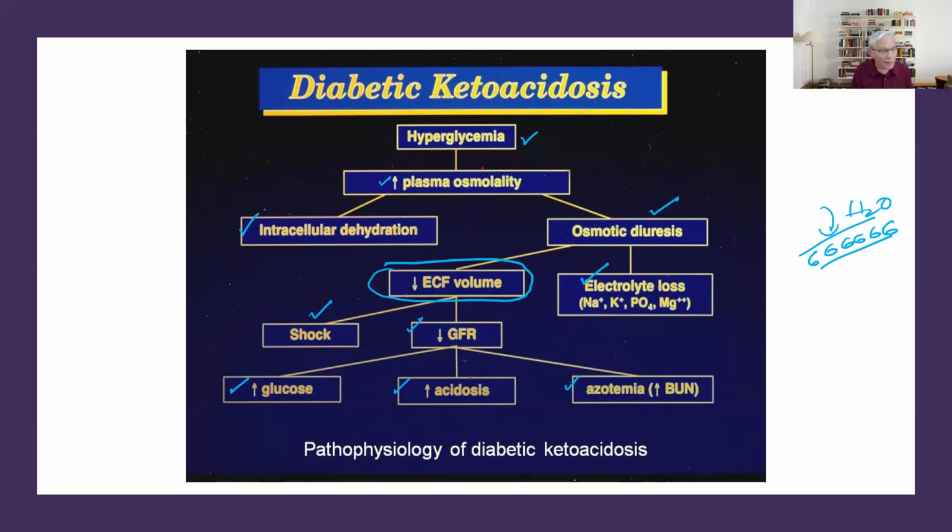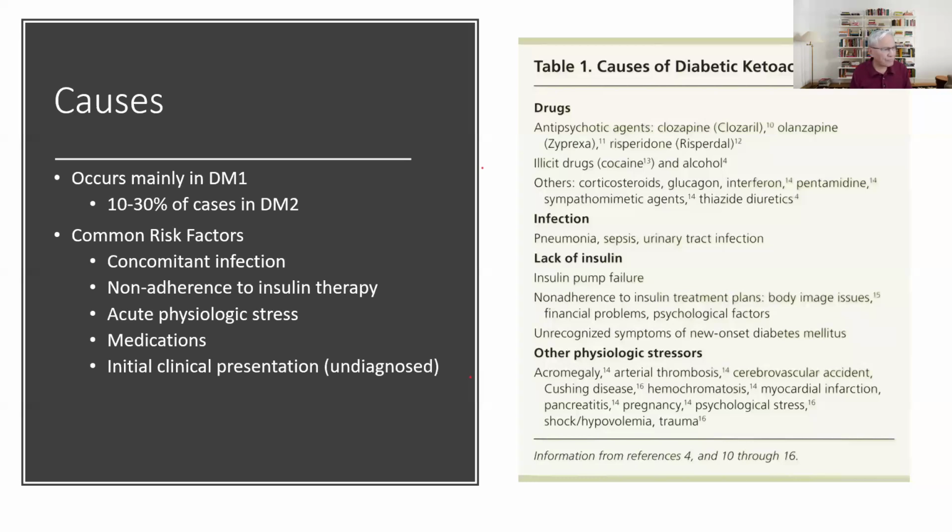All right, so what are the causes of diabetic ketoacidosis? As we said, it can occur in patients with diabetes mellitus, most frequently in type 1, but it could also occur in around 10 to 30% of cases occurring in type 2 diabetes mellitus.